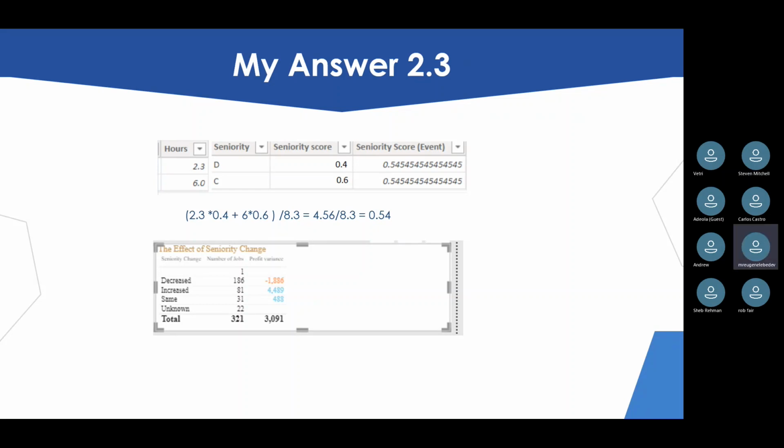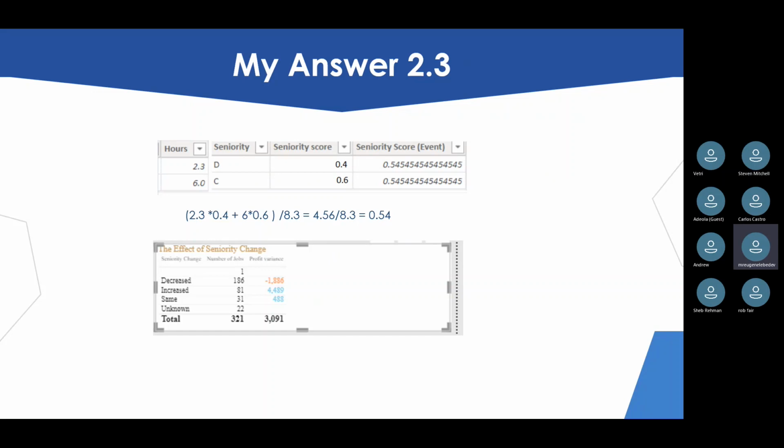Step one was assigning a seniority score to a resource, from 0.2 to 1, 1 being most senior. The second step was calculating the weighted working hours, weighted by this seniority score.